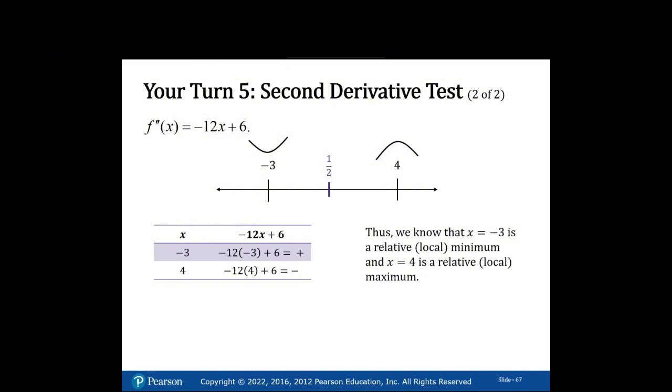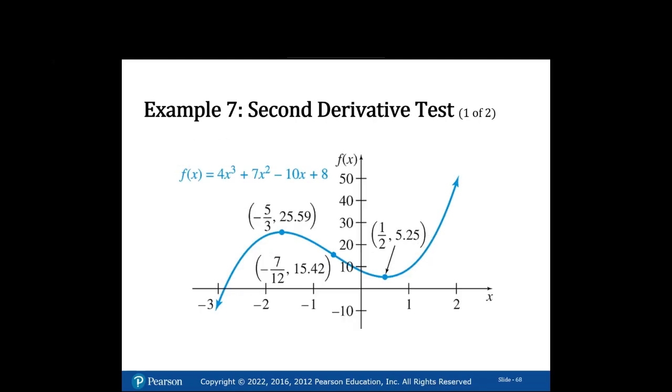And because we're switching concavity, on negative 3 we're concave up, on 4 we're concave down, that means that 1/2 is an inflection point because it switches concavity. And then here's a graph of that. So here we have a function f of x. It's that fun polynomial here.